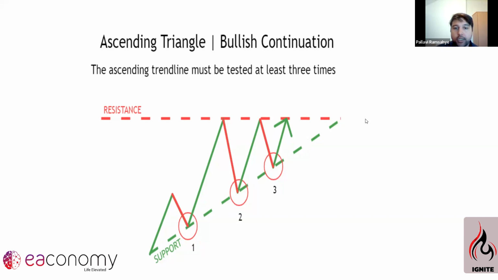If the lines are broken, let's say, for example, it didn't do the third test, it completely fell through, that's fine because we haven't entered a trade. What we're doing is we're just preparing ourselves. We're drawing up these lines, right?